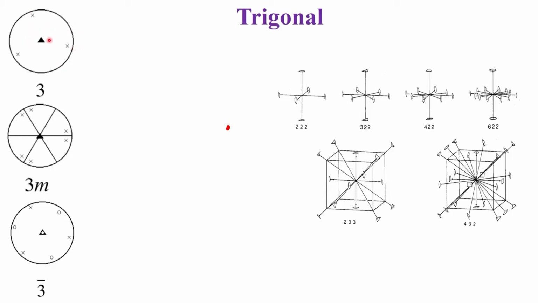Since it is a simple threefold rotation, by nomenclature we write this as a triangle and a darkened triangle that represents the threefold symmetry. Whenever we associate the threefold symmetry with respect to the trigonal unit cell, we always associate it with the z axis. So, the threefold is referred to the z axis.